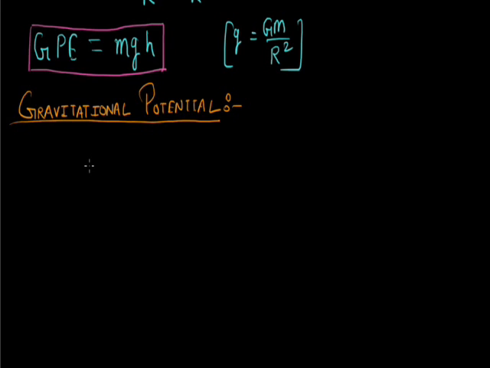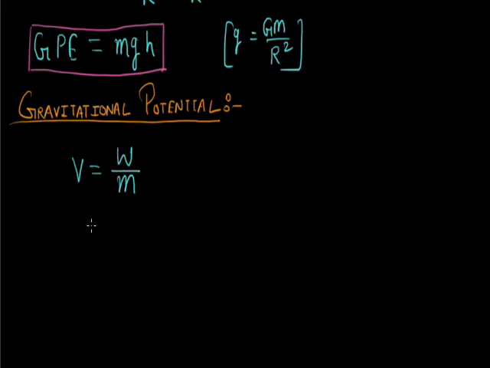So we can define it again: gravitational potential energy associated with a unit mass, or simply the work done in moving a unit mass from infinity to a point against the gravitational field. So gravitational potential V equals gravitational potential energy upon unit mass, meaning divided by mass.